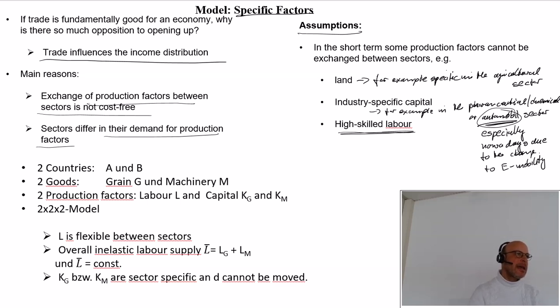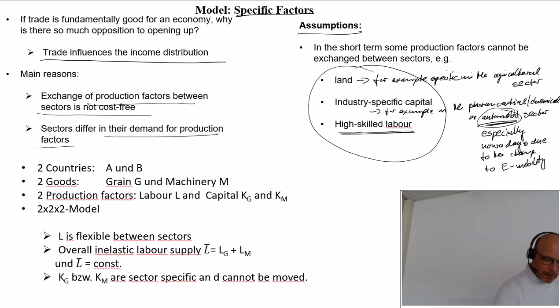They now get an offer of about 500,000 euros, a million euros. Please stop working. Start your retirement right now. So I think it is not very hard to argue that in many situations we have these specific production factors.